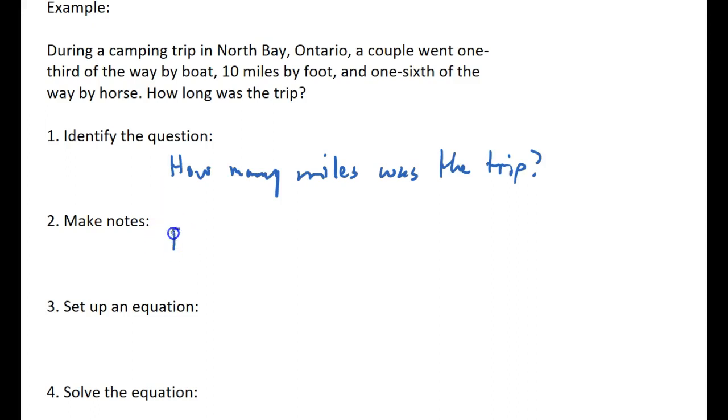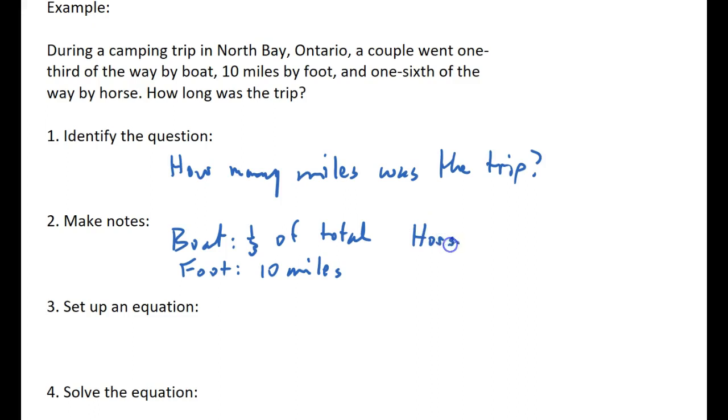We know that by boat, it was 1/3 of the total distance. We know that they went on foot 10 miles. And we know that on horseback, they went 1/6 of the total.